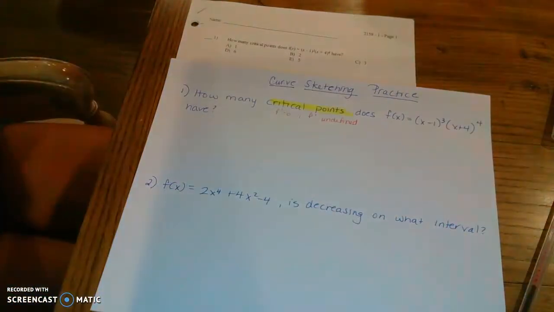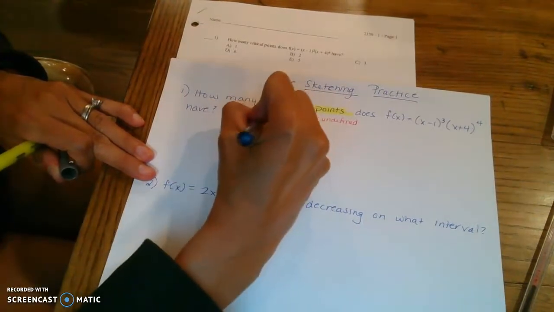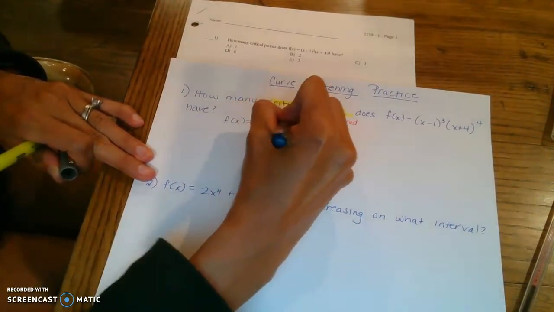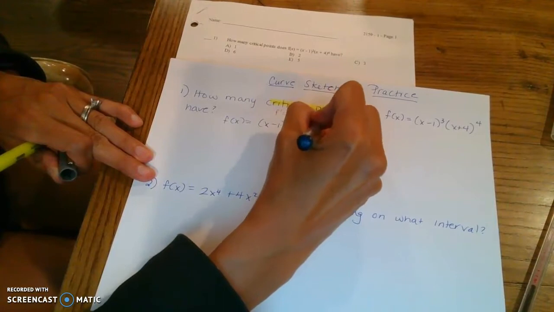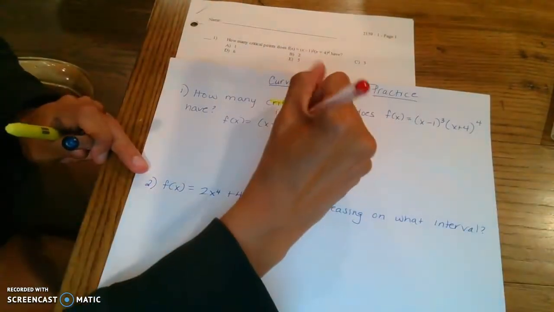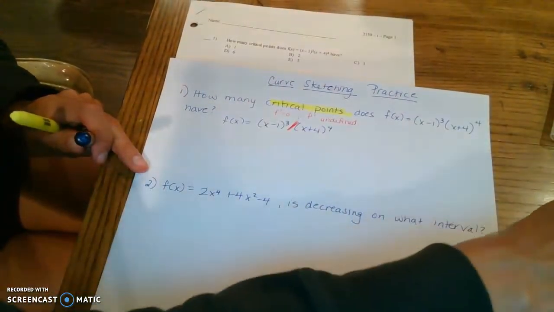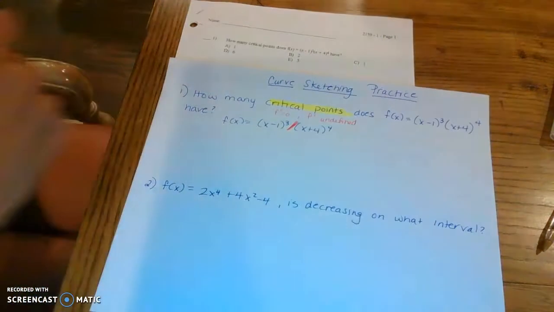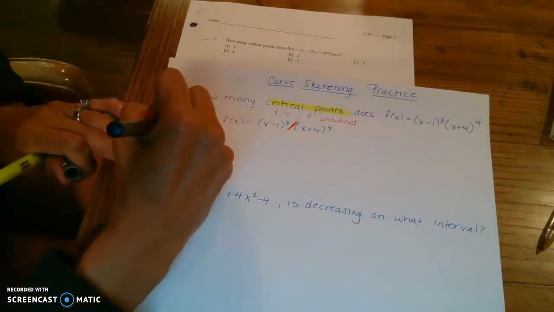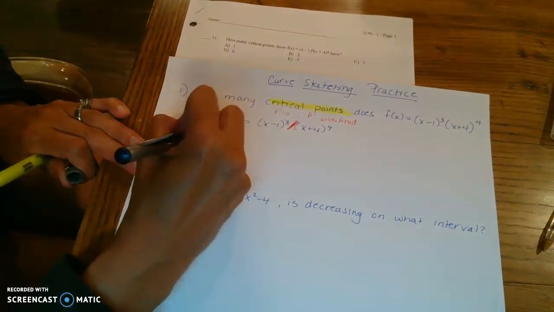So therefore, you're just going to go ahead and find the first derivative of f of x equals x minus 1 cubed times x plus 4 to the fourth. The only way that you can do this is with product rule and chain rule involved. So we're going to say, okay, the first derivative: the derivative of the first function is the chain rule.